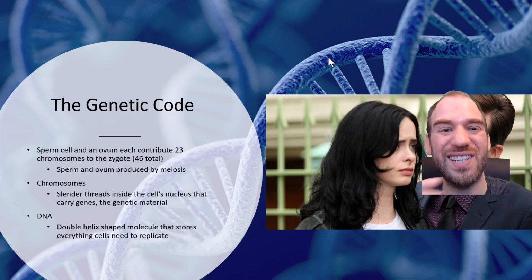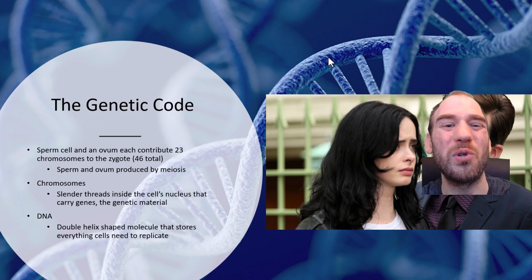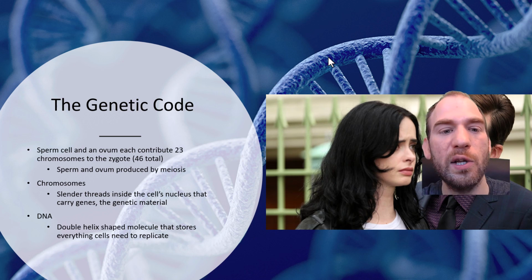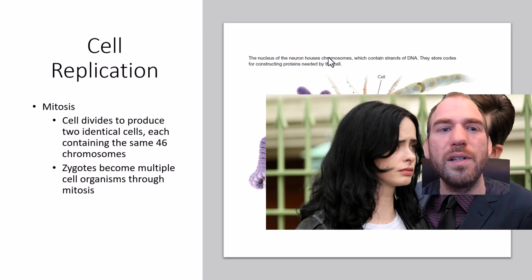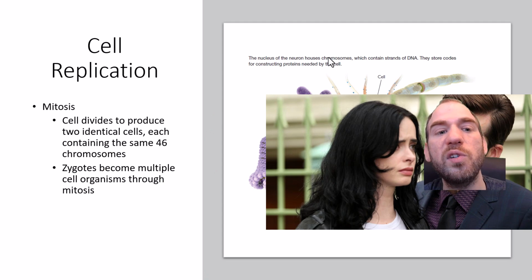In that process, sometimes a chromosome can be altered, or there can be some kind of damage, which can result in either early child death or a chromosome-related disorder. Again, just basic definitions here. Cell replication, mitosis: a cell divides to produce two identical cells, each containing the same 46 chromosomes. Zygotes become multiple-cell organisms through this process of mitosis.